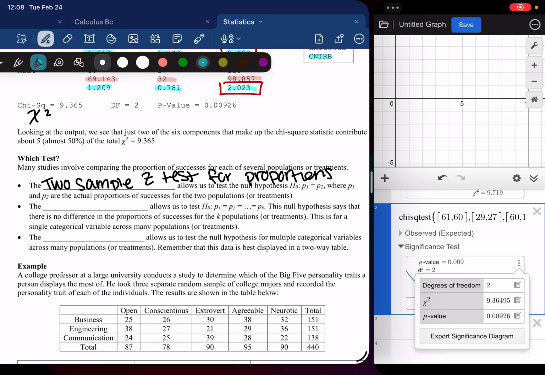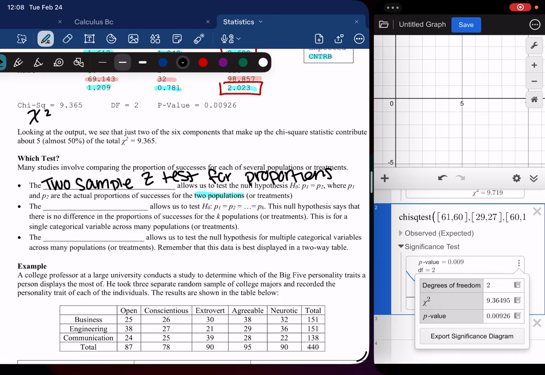It allows us to test the null hypothesis P1 equal to P2, where P1 and P2 are the actual proportion of successes for the two populations. The big thing that sets this test apart from the other chi-squareds is that we're only looking at two populations. The chi-squareds look at several populations.